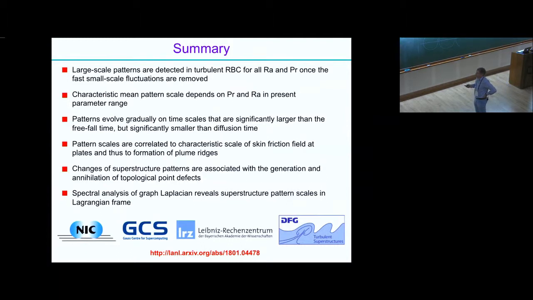We are working on reducing these structures to the connection and reconnection of topological point defects, which hopefully gives you an effective way to describe the dynamics. And we have also seen that you can go into the Lagrangian framework and reveal these structures again. With that, I want to thank you for your attention, and I conclude.